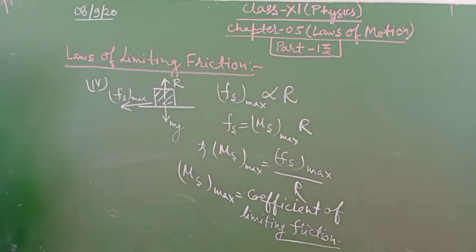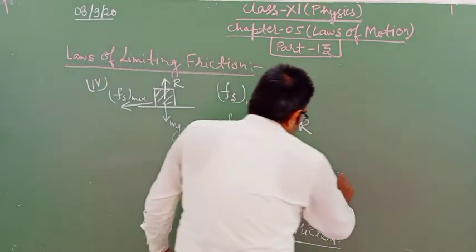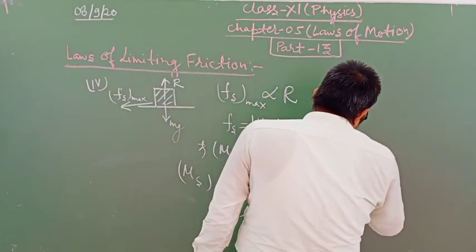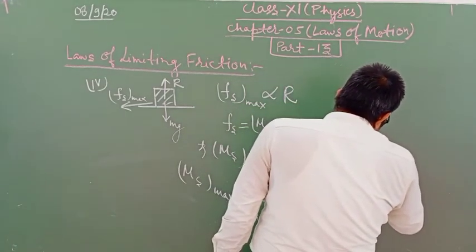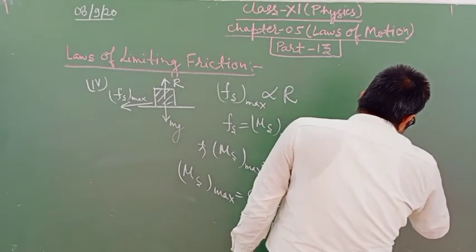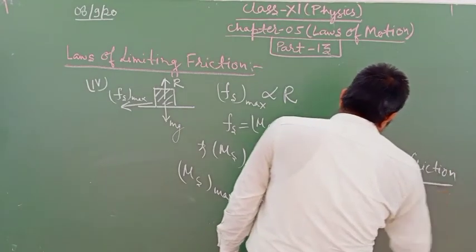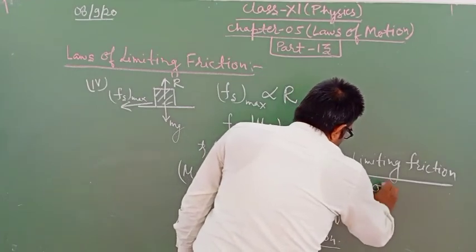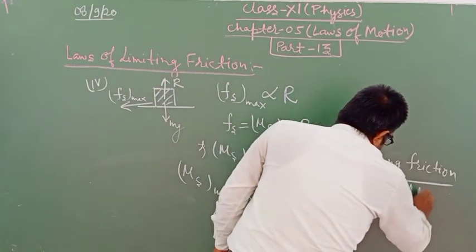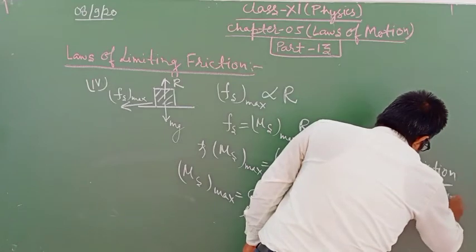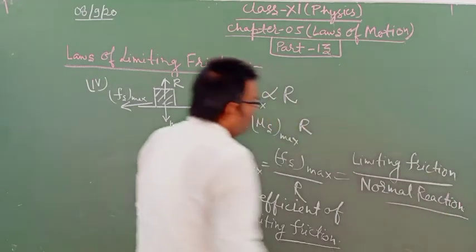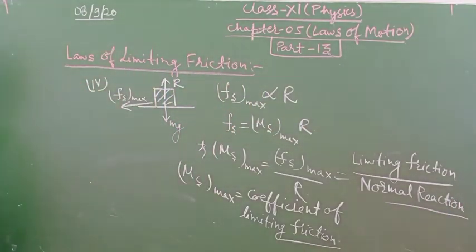So you can write it as limiting friction upon normal reaction, and this is called the coefficient of limiting friction.